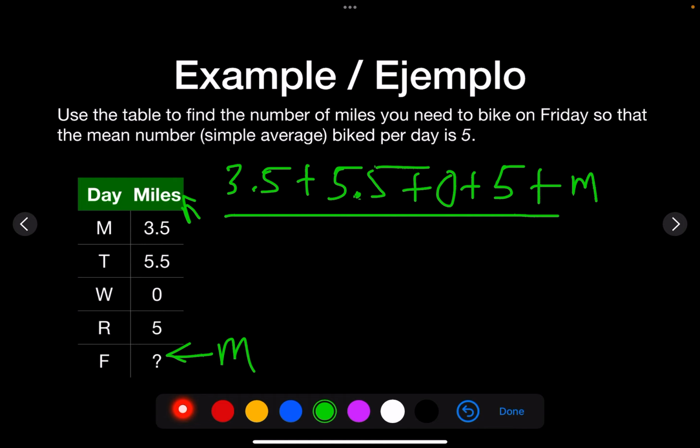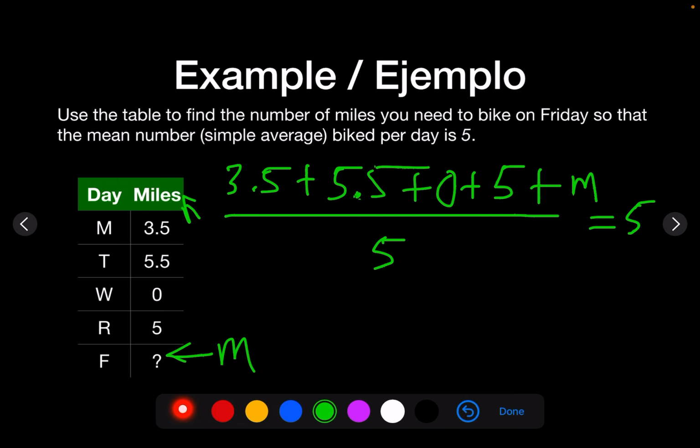And then that's all divided by the number that are there, 1, 2, 3, 4, 5. So then divided by 5, and then this will equal what it has to be in order to get to biking each day an average of 5. So that's the end result over there.